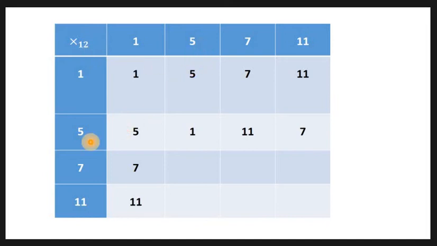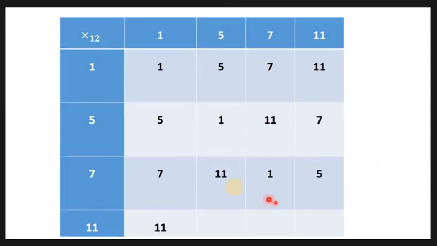So 25 minus 24, the remainder is 1. Next, 5 7s are 35. So 35 minus nearest multiple of 12 is 24. So remainder is 11. Next one, 5 11s are 55. 12 4s are 48. So 55 minus 48 is 7.